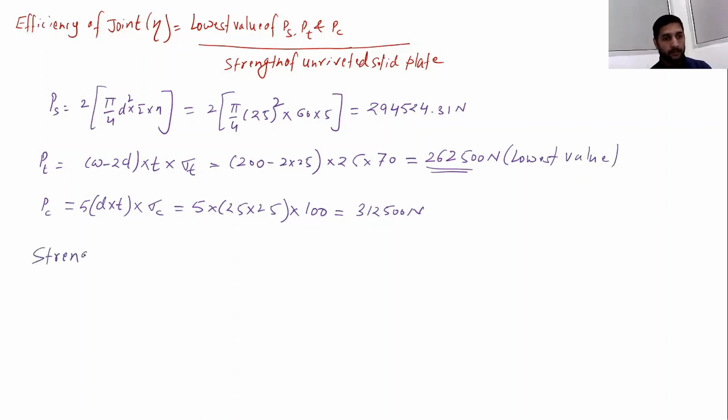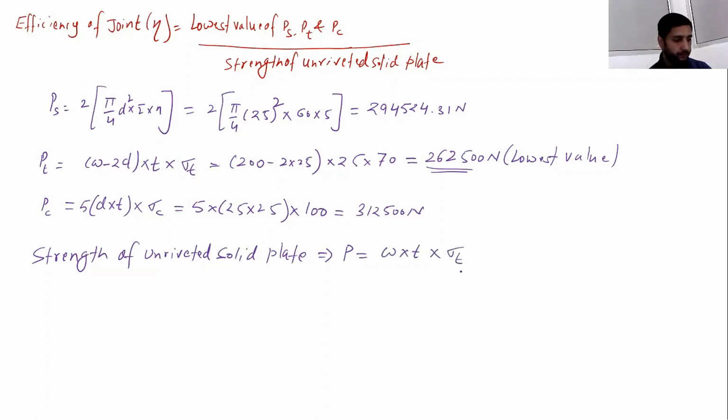Strength of unriveted solid plate will be, that is, P is equal to W into T into sigma T. Okay, and it will be 200 into 25 into 70, and the value is coming 350,000 Newton.